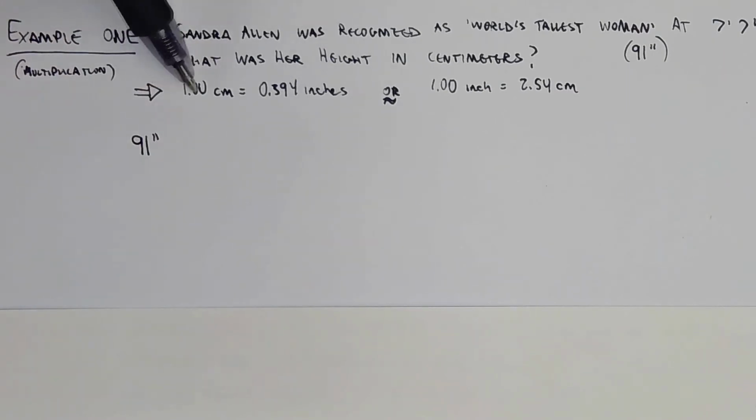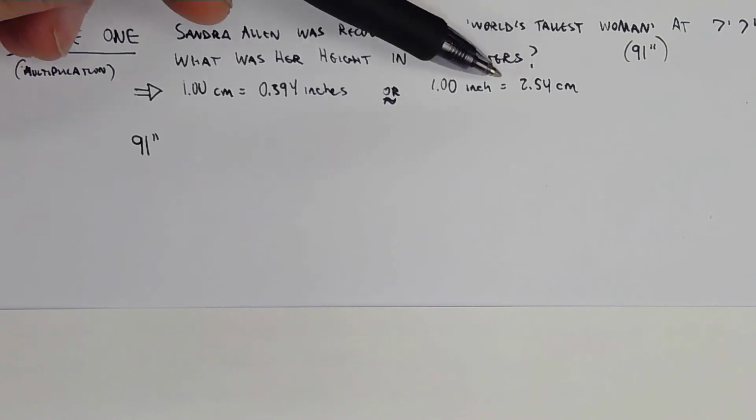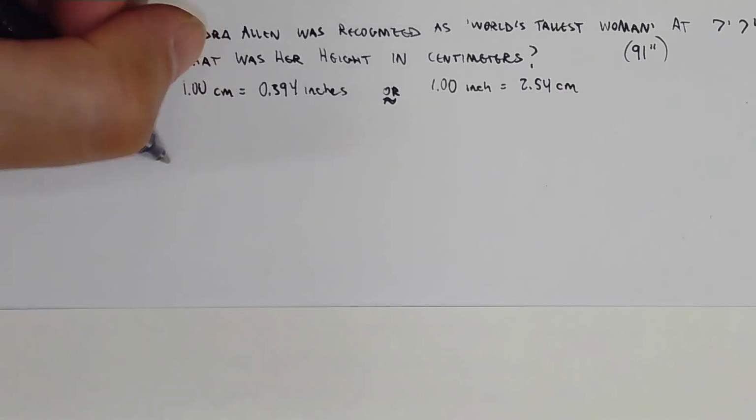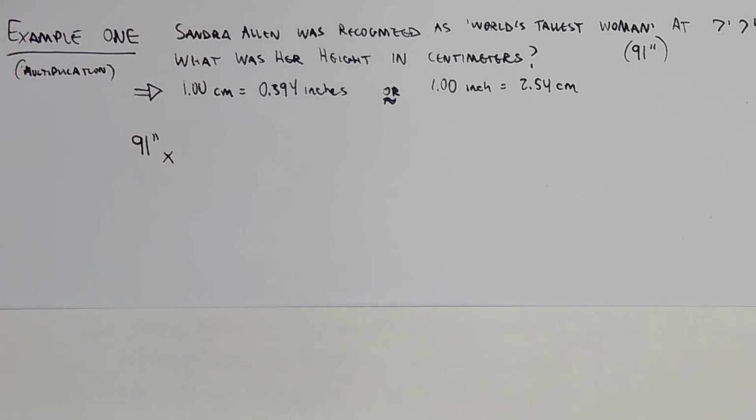And we're going to set up a fraction that's equal to 1. Now, I already have the conversion here. If you didn't happen to know that there's 2.54 centimeters in an inch, or that there's 0.39 inches in a centimeter, you can look those up, maybe in your textbook or online. Usually easy to find those pieces of information. And what I'm going to do is set up a fraction.